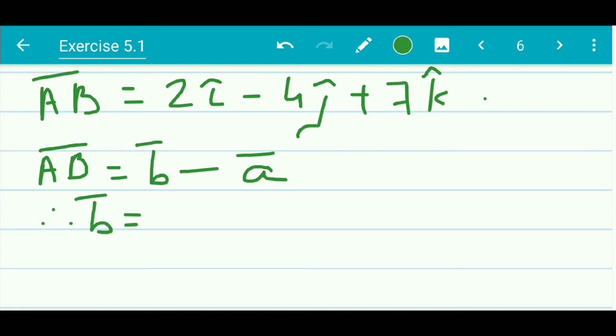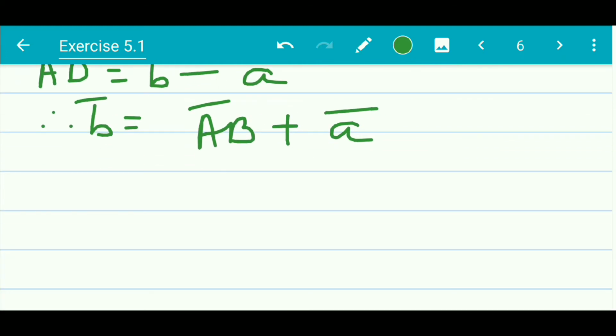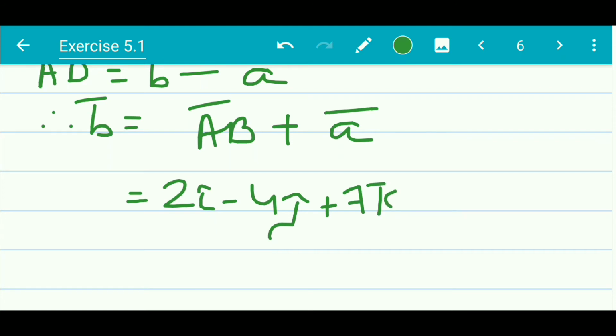B bar is equal to AB plus A bar, which is 2I minus 4J plus 7K plus A bar, which we had got as I plus 5 j.